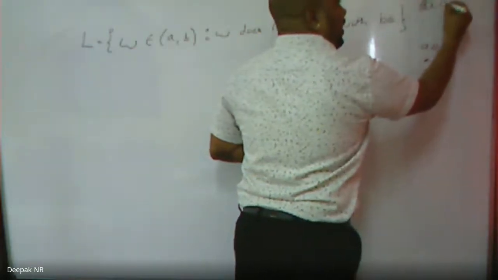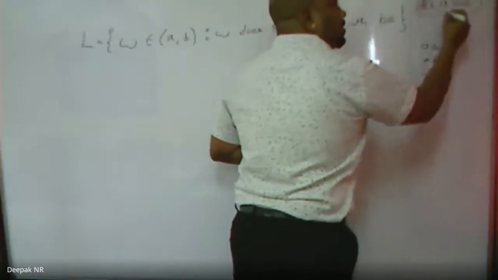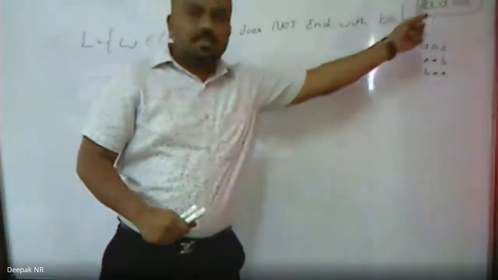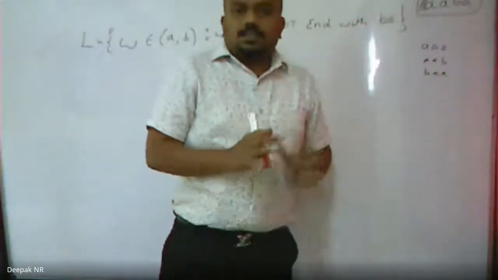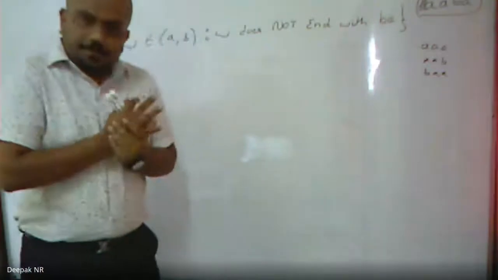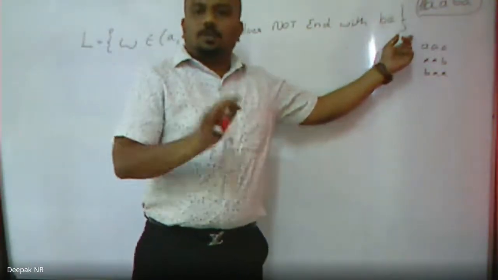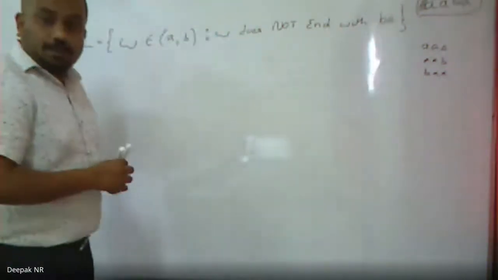If I write AABA, this string should not be accepted, because it ends with BA. Clear? So now I have to design a finite state machine in such a way that if a given string ends with BA, it should not be in a final state.